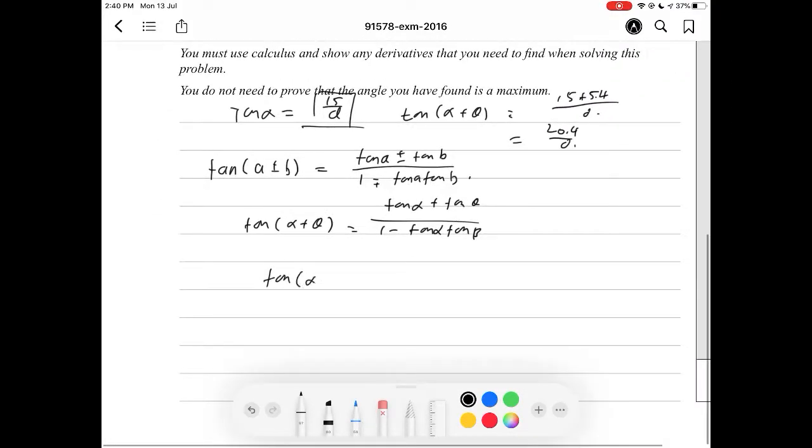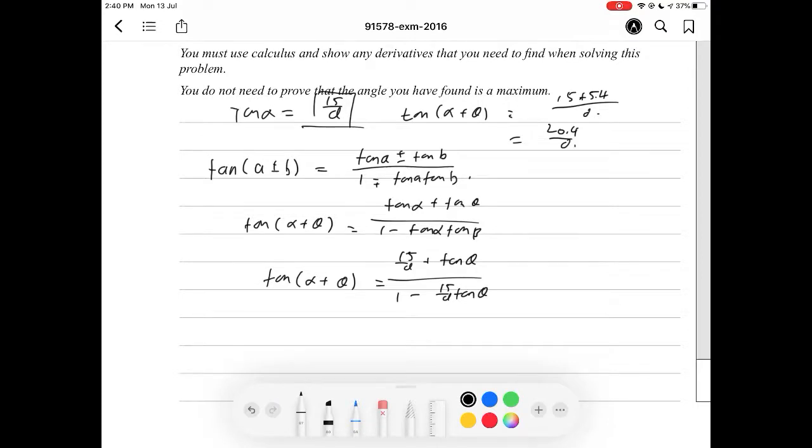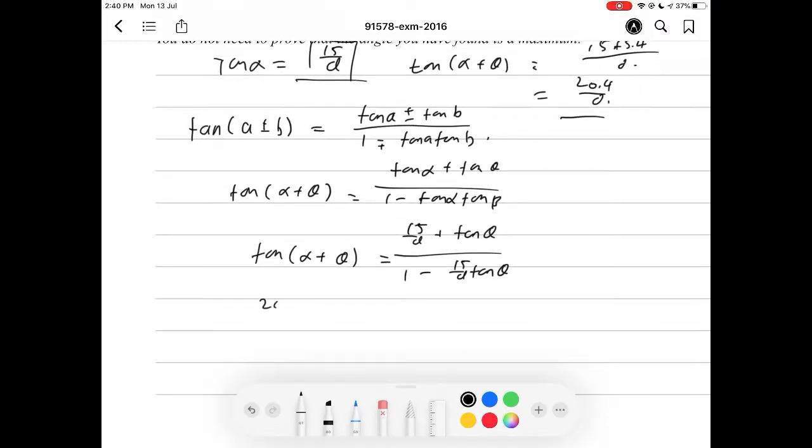So tan of alpha plus theta equals 15 over d plus tan theta over 1 minus 15 over d tan theta. But we also know that tan of alpha plus theta equals 20.4 over d, and we'll plug that in instead. So 20.4 over d equals 15 over d plus tan theta over 1 minus 15 over d tan theta.